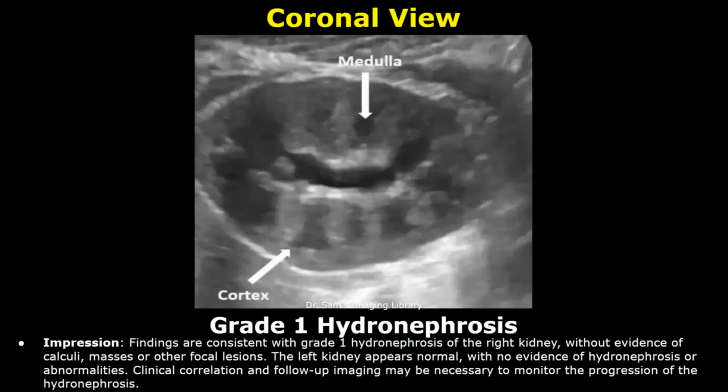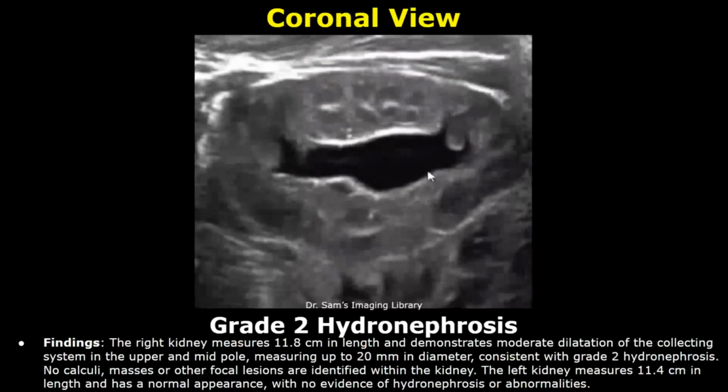In the report of a grade 2 hydronephrosis, you can write moderate dilatation of the collecting system, and you can write the regions involved. Then you can write the measurement of the collecting system. In this example, it was up to 20 millimeters in diameter.